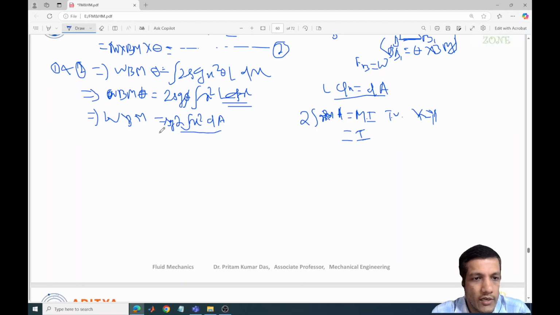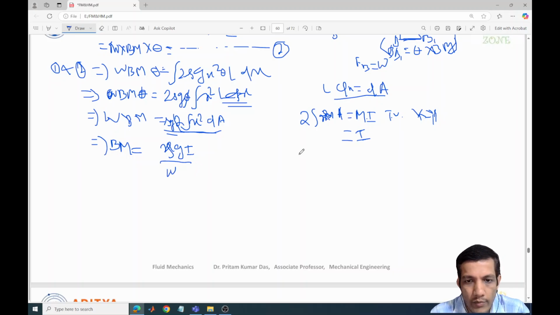So here, keeping BM on one side, BM equals rho g I divided by W. The whole rho g part converts into the moment of inertia, and W I have taken to this side.